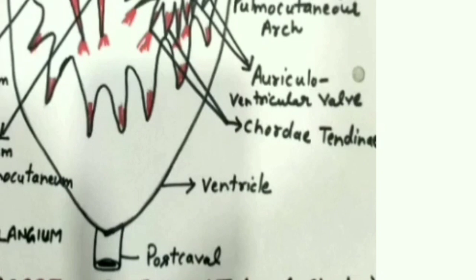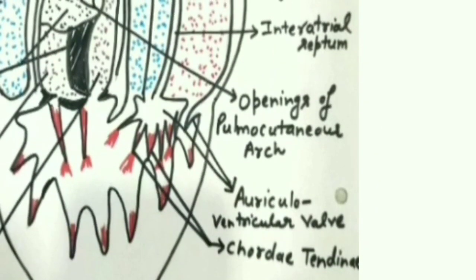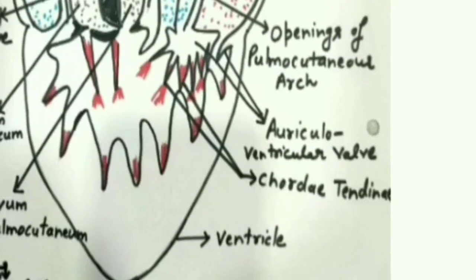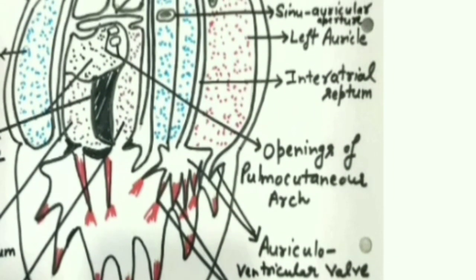Let me tell you, cavum pulmocutaneum starts from the left side, but then it curves to the right side to become dorsal in position in the anterior part of phalangium. Cavum aorticum starts from the right side, but due to the spiral valve, it curves to the left side and becomes ventral in the anterior part.